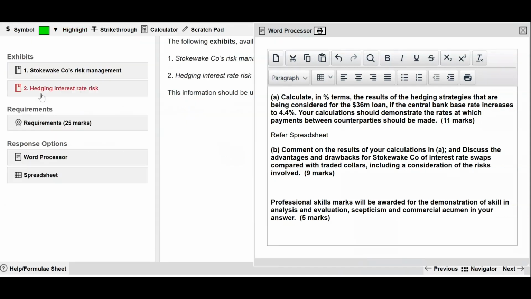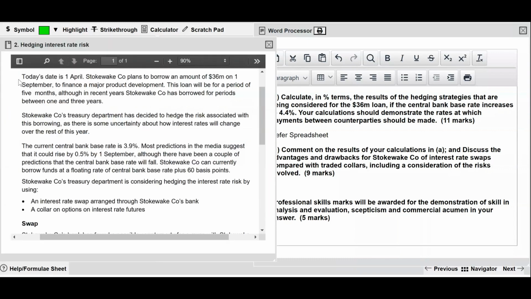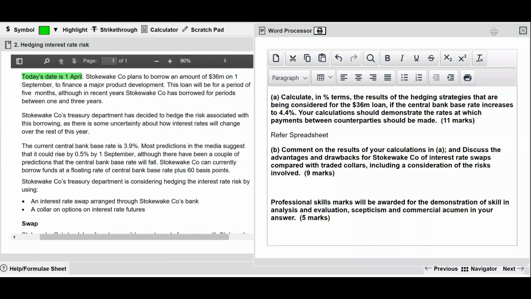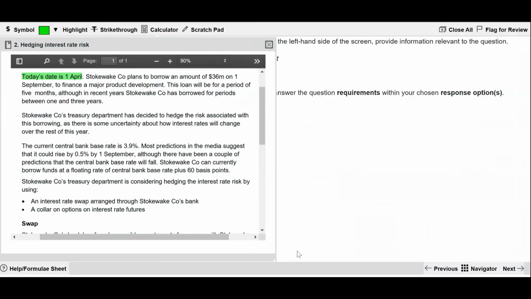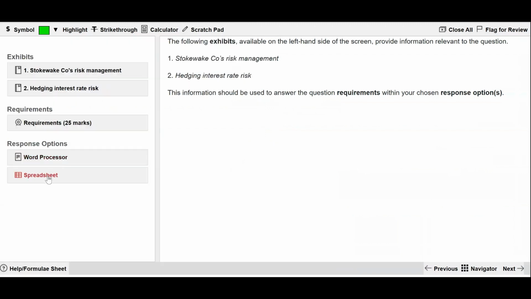Exhibit 2 states that today's date is 1st April. So let's have that content in the word processor. No, rather we'll take it to the spreadsheet, opening the spreadsheet.